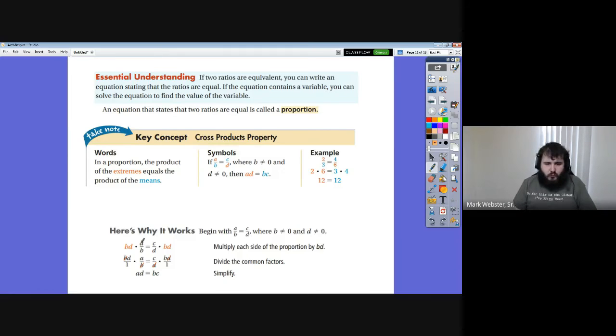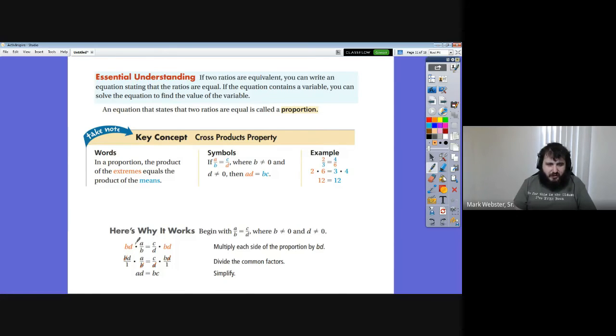So here, this is what's going on, right? What you're doing is you're multiplying both sides by the least common multiple of the denominators here. Or really, you don't even have to do that. Just multiply both sides by both denominators. See what they did here?